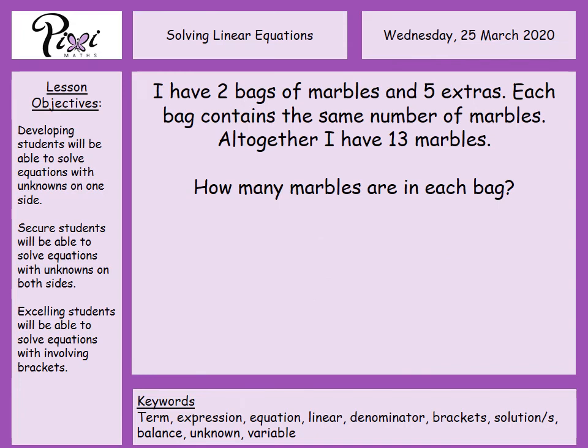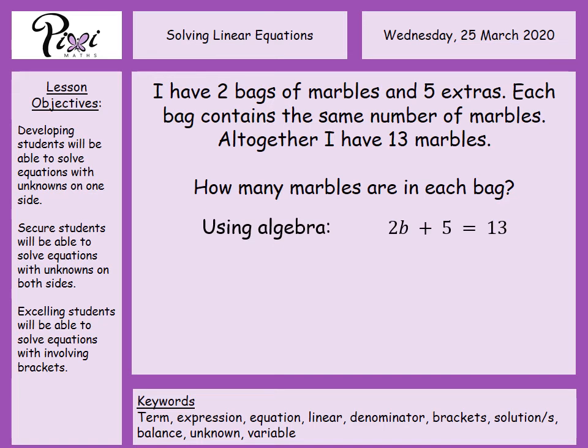Now, again we will use algebra to solve this example. First, I will use the letter b to represent the number of marbles in each bag. I have 2 bags, so I will write 2b, plus 5 equals 13.